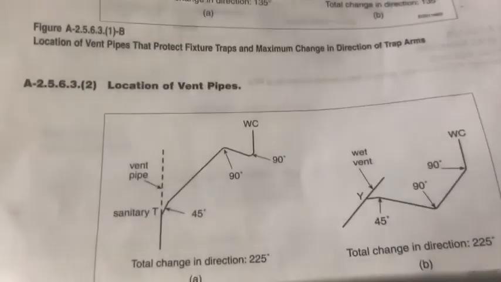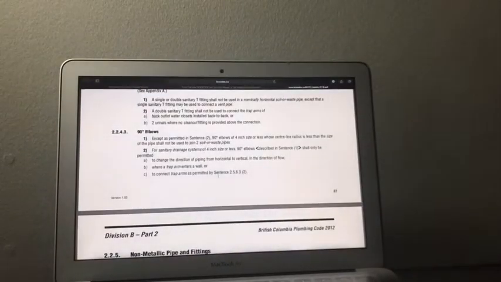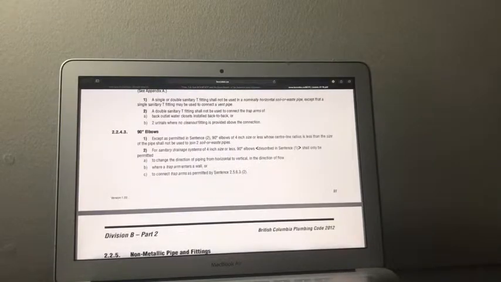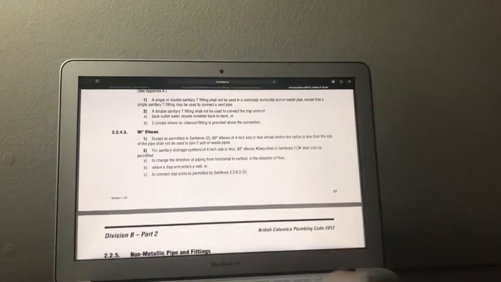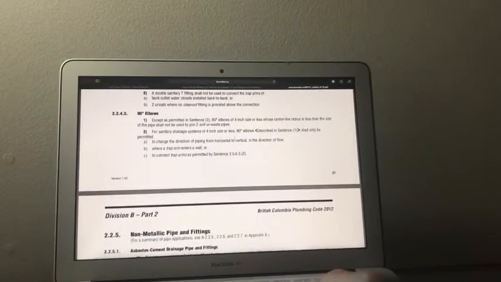It also shows a 90 for the water closet, but as we know, we always have to use 45s on the horizontal, and this code is saying up to 4-inch. Right there, it's highlighted. But for guys that want to get creative, I have never used a 90 to connect sanitary drainage on the horizontal for 6-inch. I've never done that. I've always used 45s.